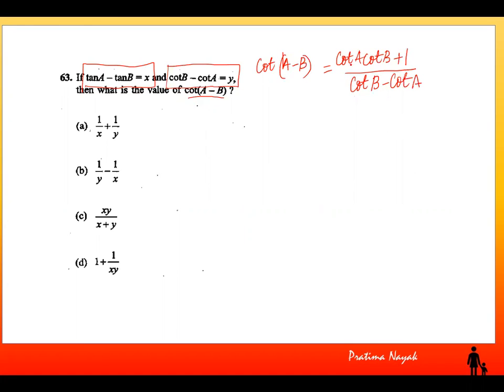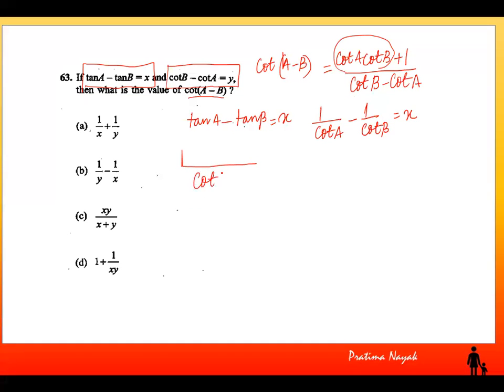Only you have to get your cot A cot B. So that I am getting from tan A minus tan B, which is equal to x. I am converting this into cot. So this will be 1 by cot A minus 1 by cot B is equal to again x. Simplify. What is the denominator? Cot A cot B. What will be the numerator? It will be cot B minus cot A is equal to x.